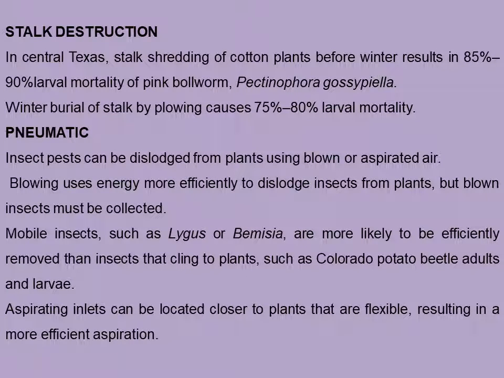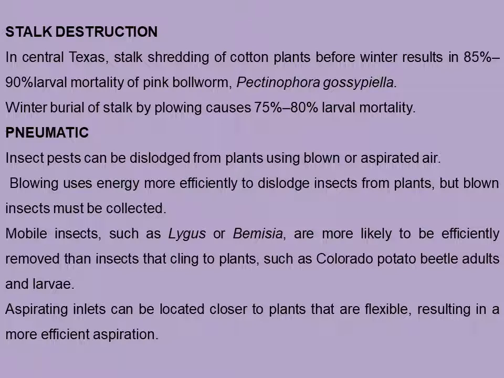Stalk destruction. In Central Texas, stalk shredding of cotton plants before winter results in 85% to 90% larval mortality of pink bollworm, that is Pectinophora gossypiella, and winter burial of stalks by ploughing causes 75 to 80% larval mortality.